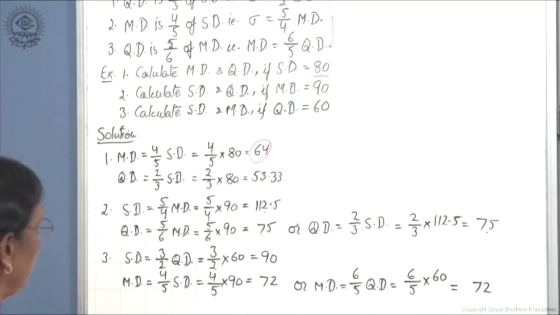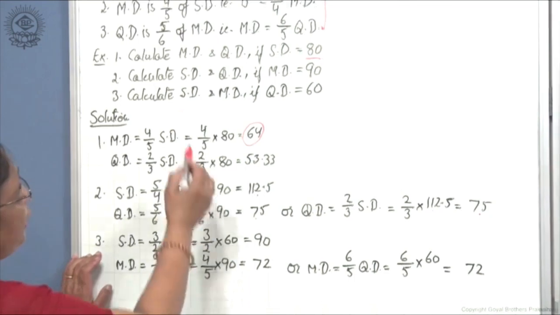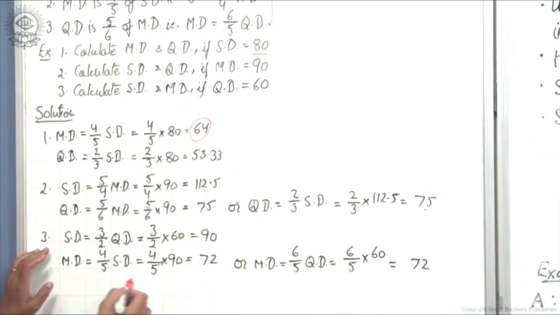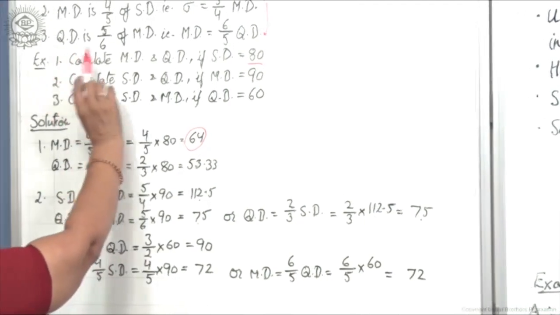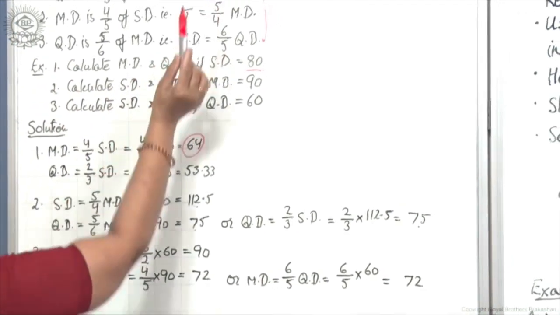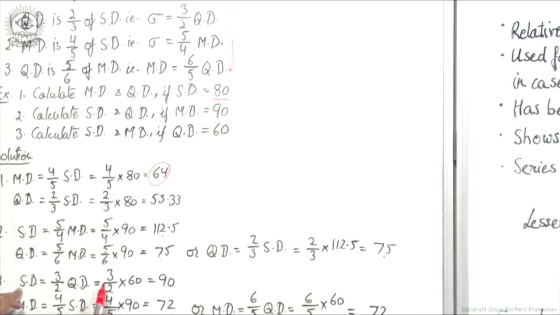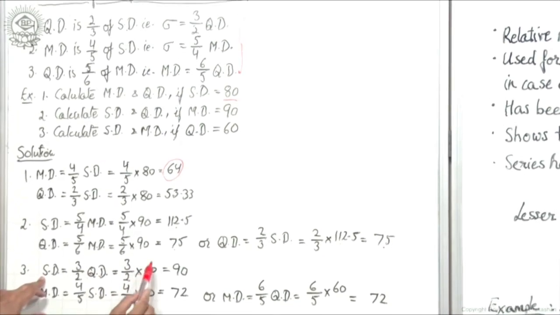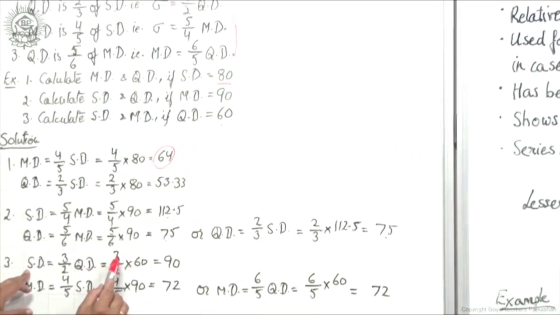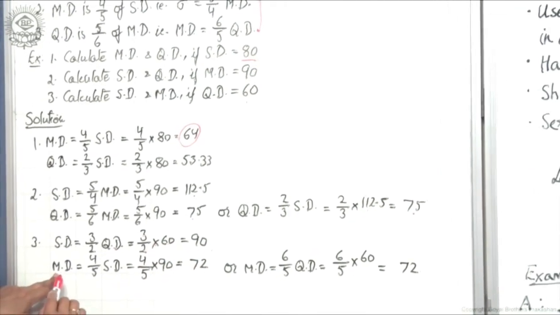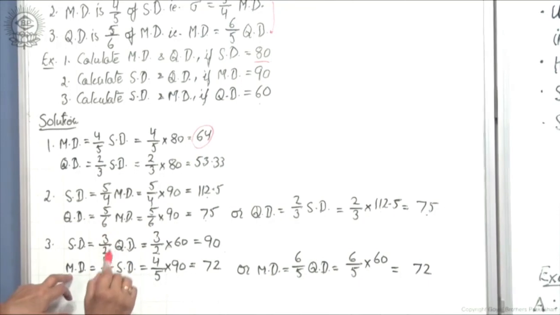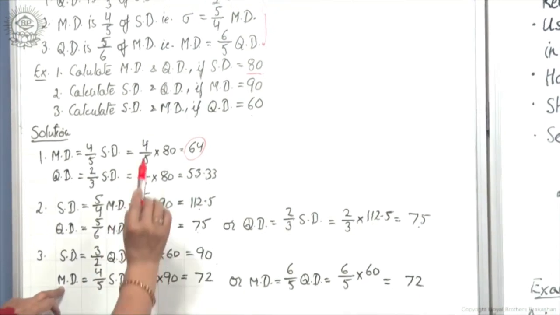Now third: calculate SD and MD if QD is 60. SD is equal to 3 upon 2 QD, right? 3 upon 2 into QD, which is 60. So 3 upon 2 into 60 is equal to 90. And what is MD? MD is 4 upon 5 of SD.